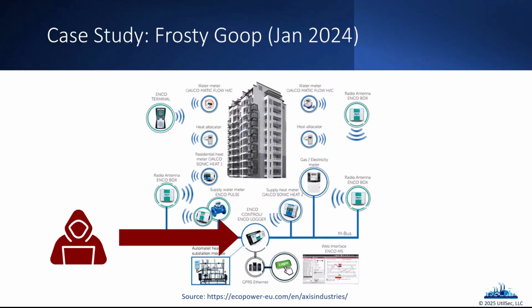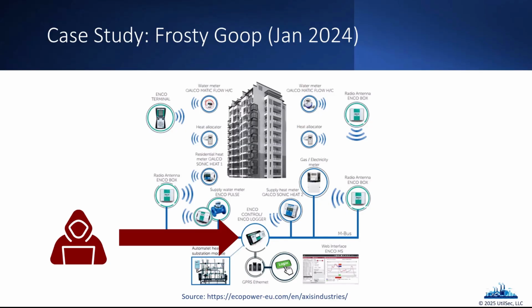So if you think of this, whether from the attacker perspective or the pen tester perspective, not only how can we get onto that OT network, but how do we find the different control systems on the network, like this Enco controller here, responsible for heating in the apartment building? And then how can we connect to it, and how can we manipulate it to in turn make changes to the process in the real world that it controls?